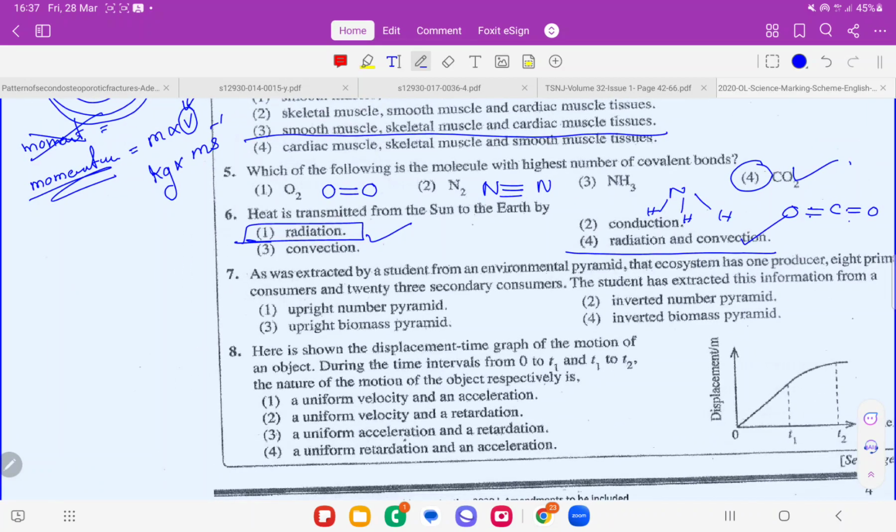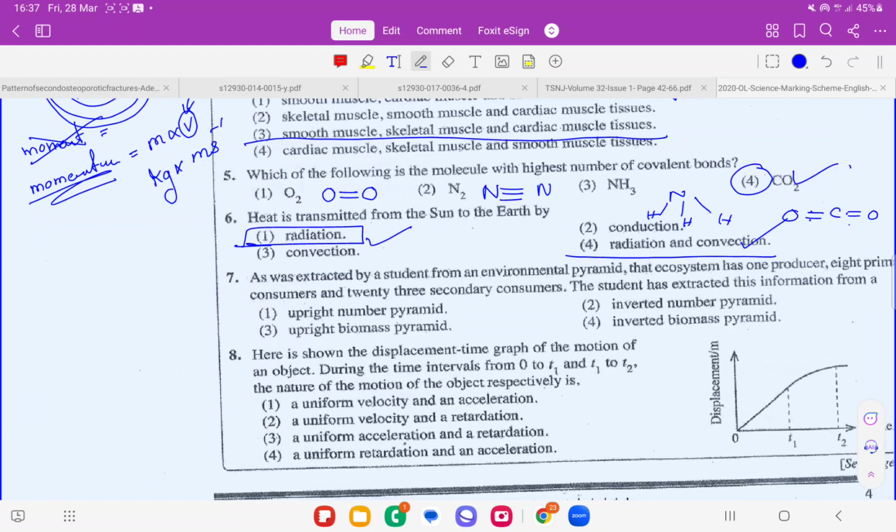And the seventh question: as extracted by a student from an environmental pyramid, that ecosystem has one producer, 8 primary consumers and 23 secondary consumers, right?